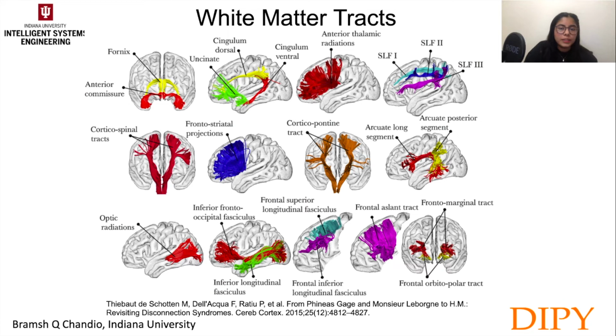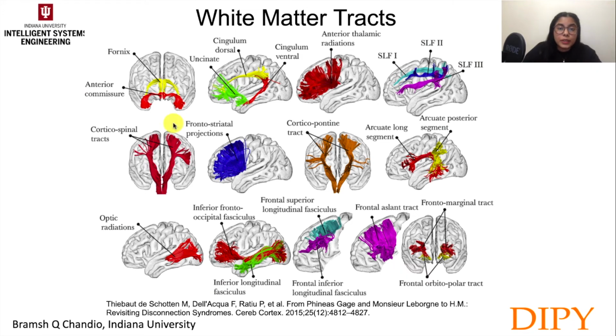Another problem that I was talking about with tractography data is that it's densely populated. So we are interested in looking at specific pathways, specific streamlines that are located at a specific location in our brain. From anatomy and literature, we know that there are almost 100 different white matter tracts that are located at a specific location in the brain, and they also have a specific function associated with them.